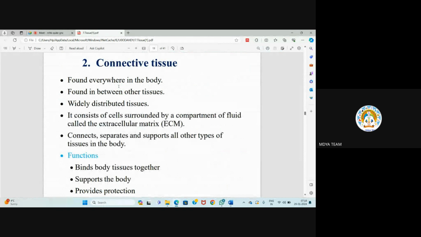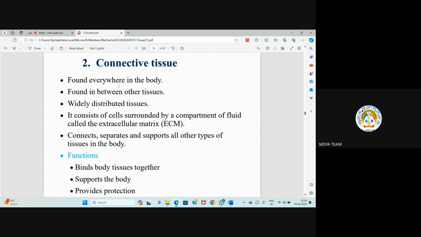Connective tissue is found everywhere in the body, because connective means it is connecting different tissues. It is found in between other tissues. It is depicted by its name: connective tissue will connect other tissues. So it could be found everywhere in the body and between other tissues.